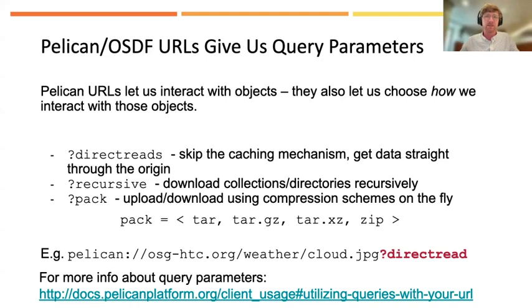And this is an example here at the bottom of how you would string one of these together. The only thing I'll note is that for directread and recursive, you don't need equals true or equals false or anything. Just having the flag there is enough to trigger it. But when you use pack, you need to tell it the structure of that packed data so that Pelican knows what it should be trying to do with the packed data.